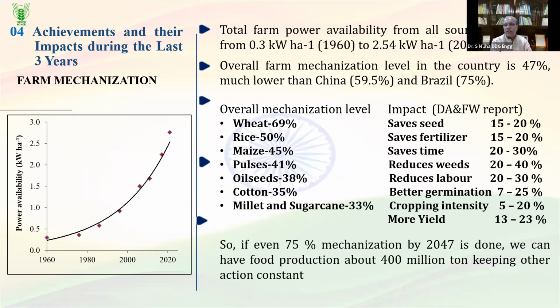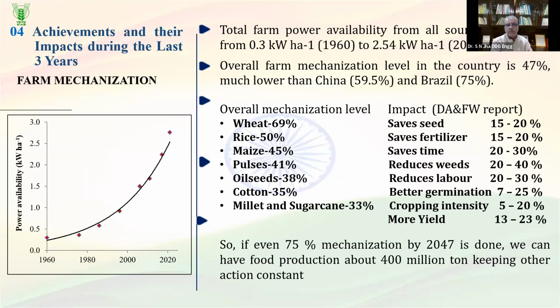Reduces labor 20 to 30%, and even the germination of seeds increases 7 to 25%. And cropping intensity increases by 5 to 20%, and particularly yield increases 13 to 23%.